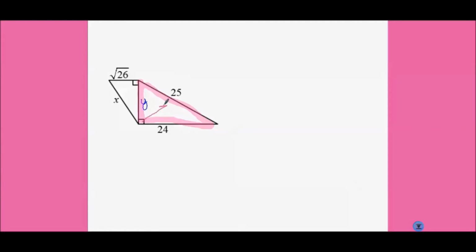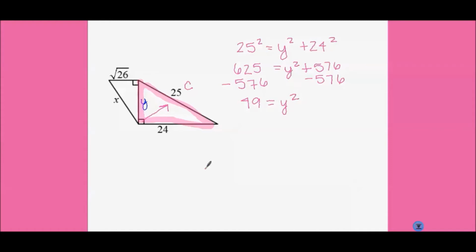So the 25 is across from the right angle, so that's C. So 25 squared equals y squared plus 24 squared. 25 squared is 625 equals y squared plus 576. Subtract 576 on both sides. And we get that 49 equals y squared. Square root both sides. And we get that y equals 7.